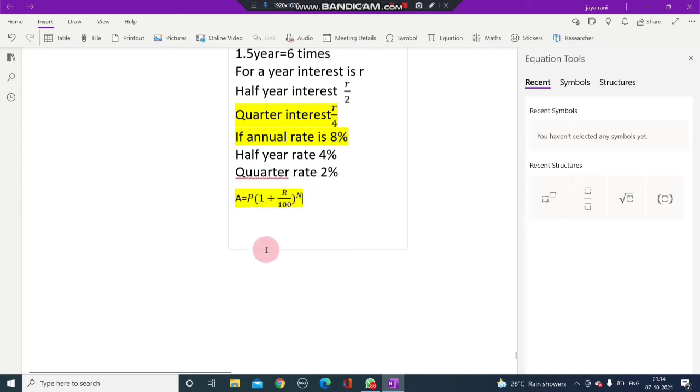A is equal to P into 1 plus R by 100 raised to N. Only the difference is that the number of years is changing and the rate of interest becomes half and 1/4 according to half yearly or quarterly. So let us do some problems based on this idea.